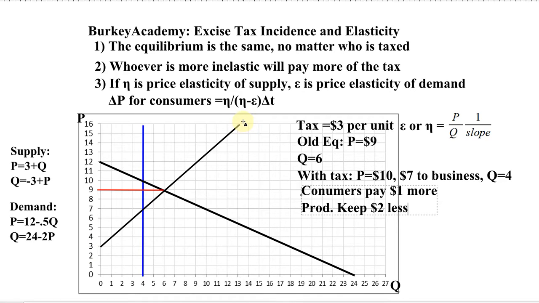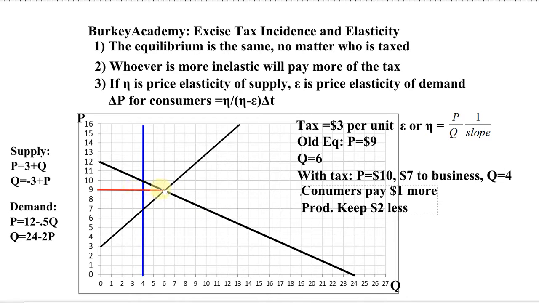So let's calculate these elasticities real quickly, but let me just mention to you that it's clear which of these is going to be more elastic or inelastic, because the P and the Q that we're starting from is the same for both consumers and producers.